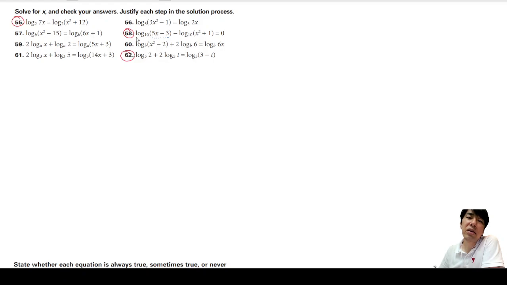But in a log, this number should always be positive. If this is 0 or negative, this log is just undefined. So that means the problem itself is undefined. It's not solvable. So you have to always check your answers, and if you get into that kind of situation where this number becomes 0 or negative, you have to throw away that answer. That's no good.